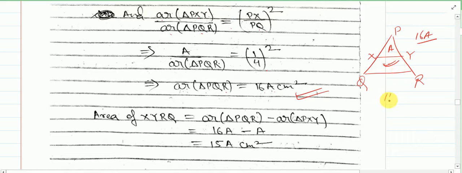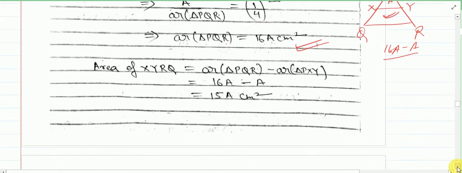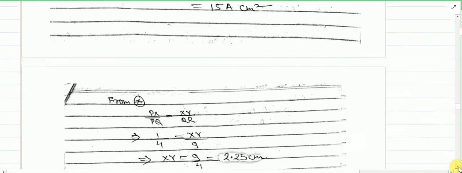How? 16A minus A, that will be 15A centimeter square. So area of this figure XYRQ will be area of triangle PQR minus area of triangle PXY, 15A centimeter square. So this much is done.